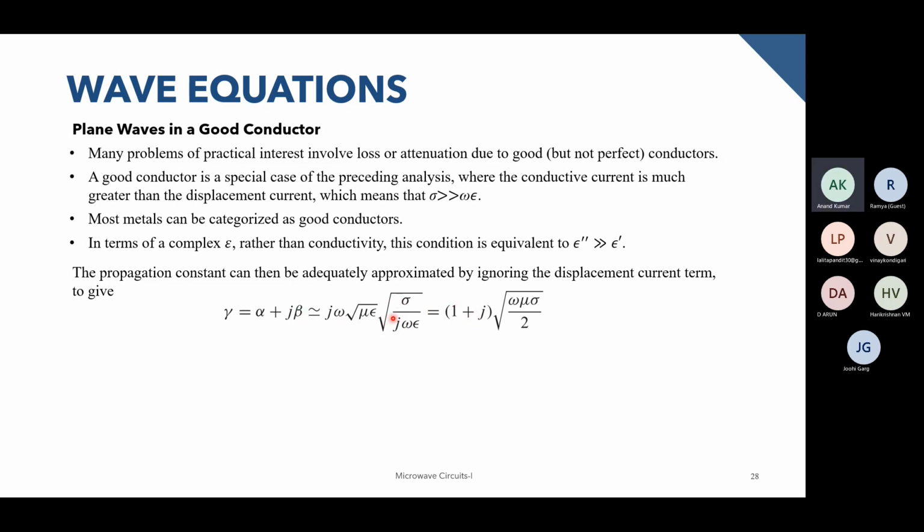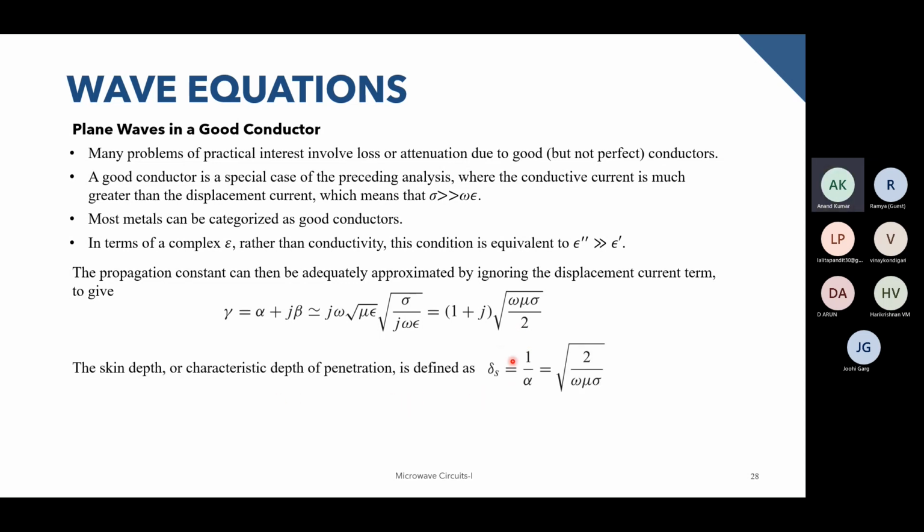We can then simplify this to an expression looking like (1 plus j) root under omega mu sigma by 2. So this is what your complex propagation constant will look like when you are assuming that the medium is a good conductor.